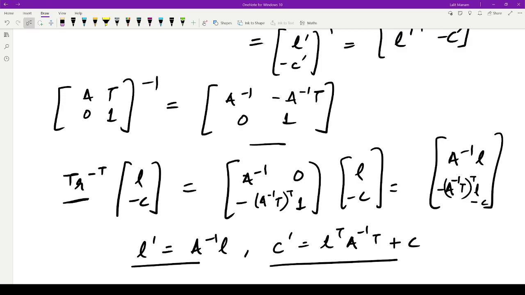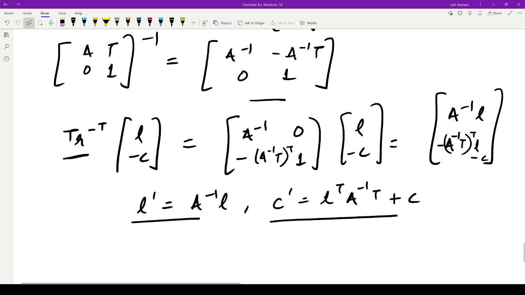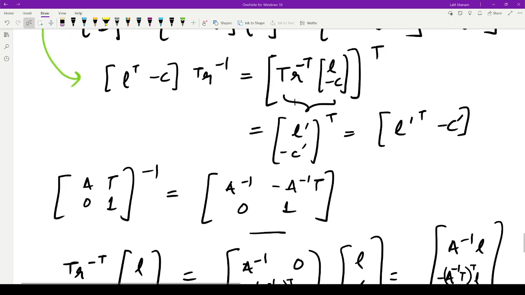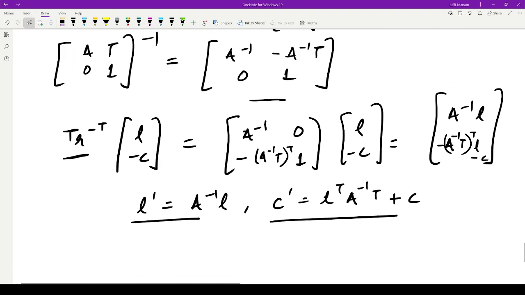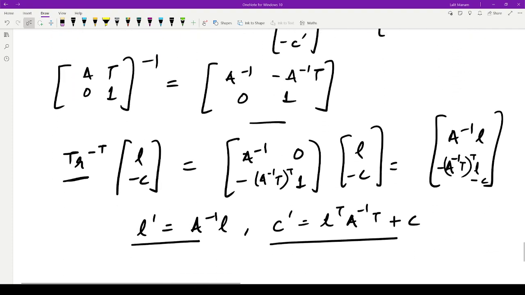I hope this is clear, right? L and C. So this is the new line parameter actually, L prime and C prime. I've just written explicit forms of L prime and C prime.